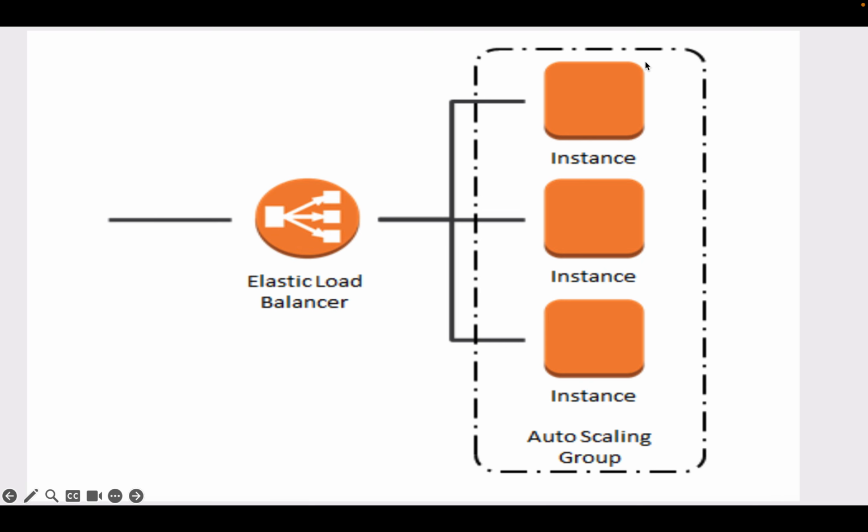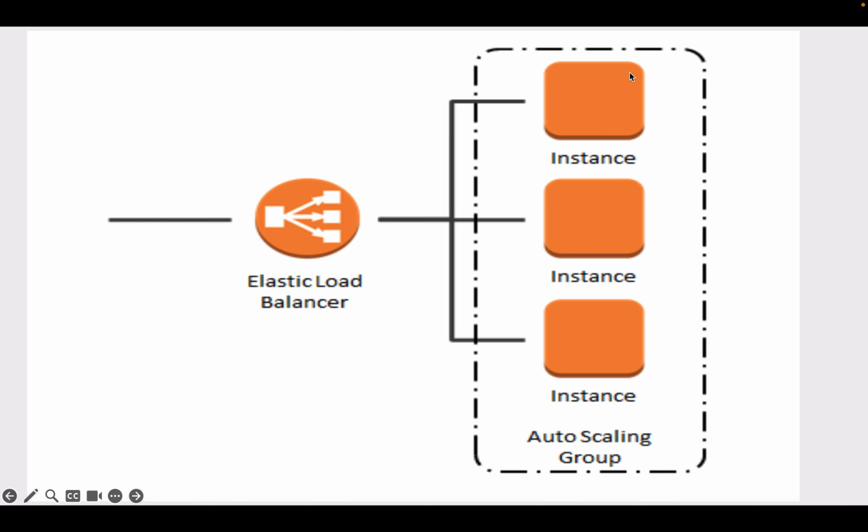If this instance is processing the payment, it may take some time, right? At the same time, the auto scaling tries to remove the existing instance. It might have been scaled up earlier for some reason, but due to low threshold, low throughput or low load, the auto scaling group may want to remove this instance.